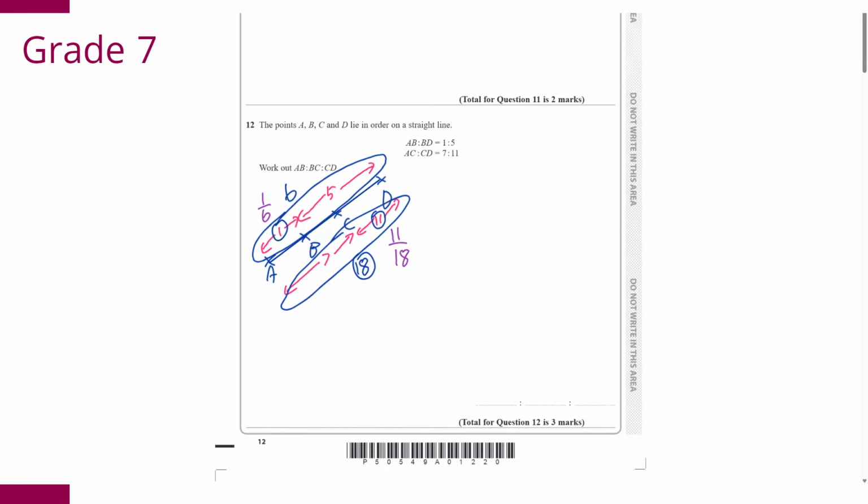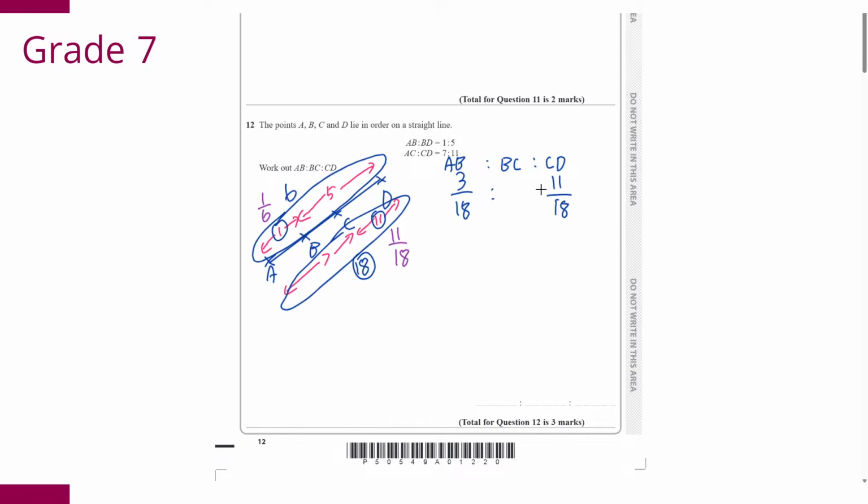Okay. Let's try and make the denominators the same, right? So 1/6 would be 3 over 18 for AB. I'm just going to do AB, right? So AB is 3/18. BC we don't know yet. And then CD is 11/18.